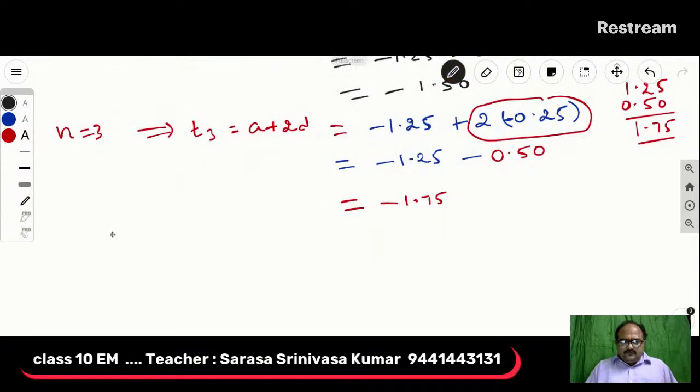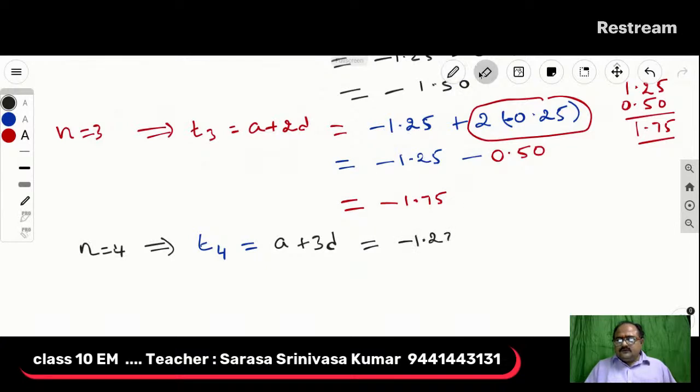Now when n equal to 4, we get T4 equal to A plus 3D. This is equal to, A is minus 1.25 plus 3 multiplied by minus 0.25. Common difference is minus 0.25.